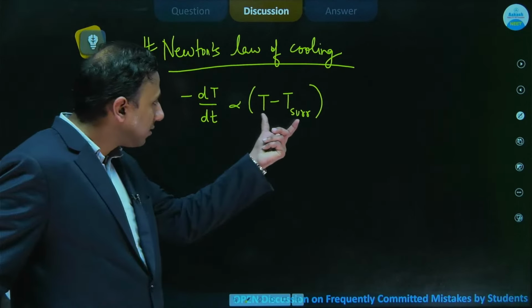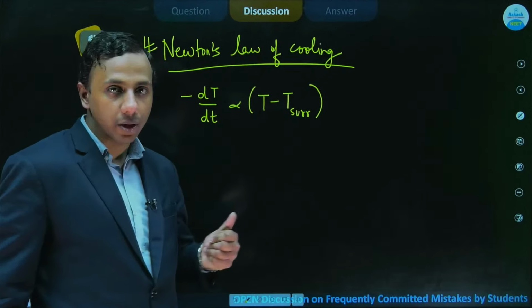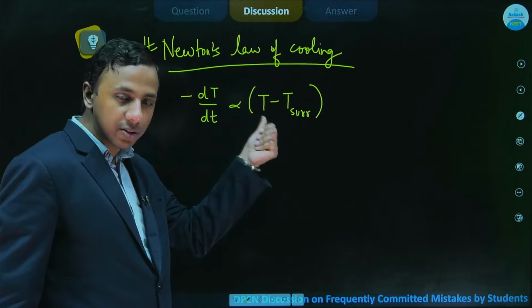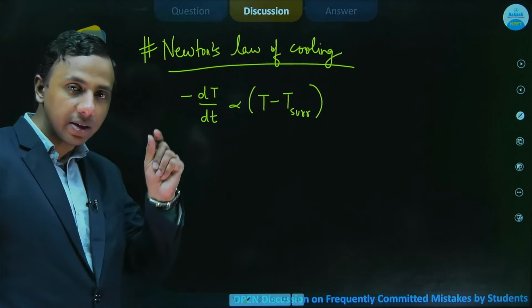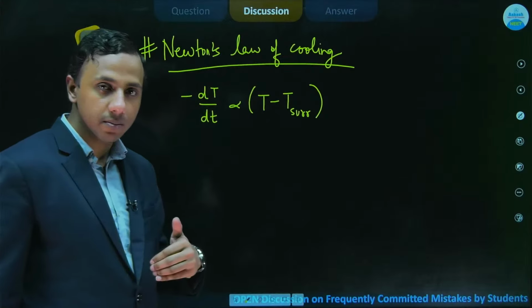That is the difference in temperature between the body and the surrounding. T is the temperature of body. What is this signifying? The rate of cooling, because remember temperature is falling down continuously.